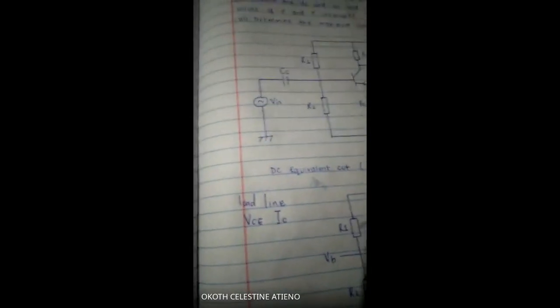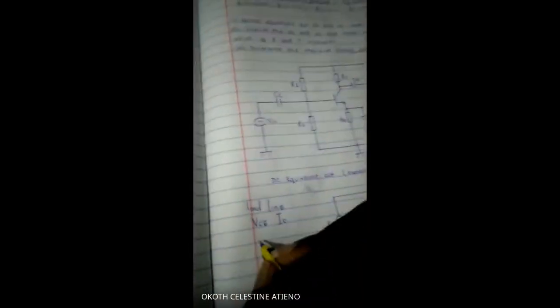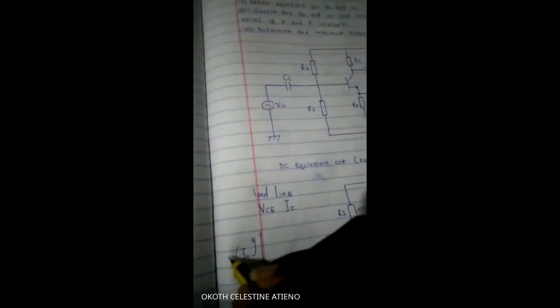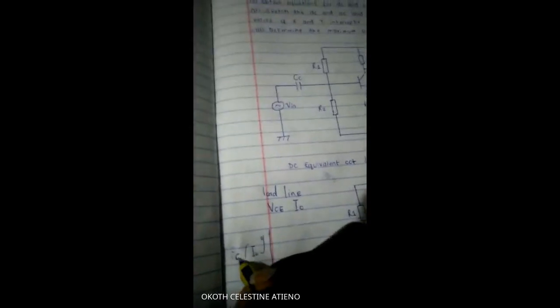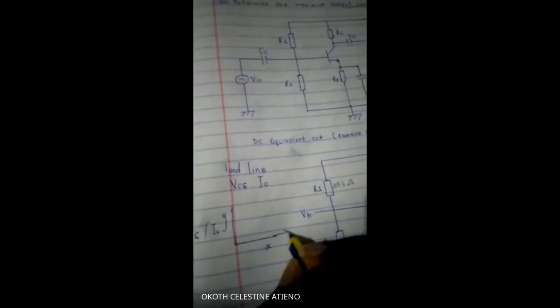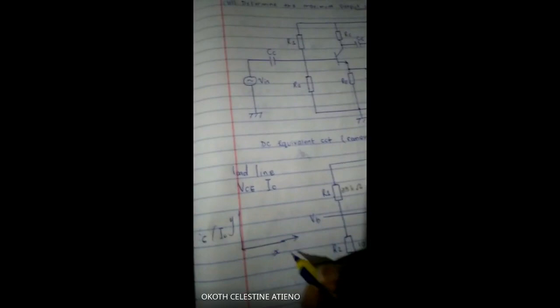Those are the two things you want to have in your equation. Then you'll be plotting: the y axis is IC for DC, and for AC it is small i capital C. For the x axis, for DC it is capital V capital CE, and for AC it is small v capital CE.